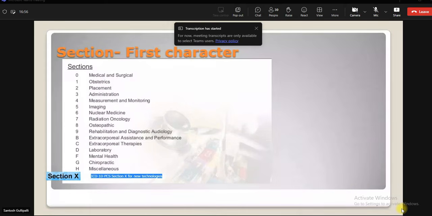Basically, the zero medical and surgical section is the major important section, the very big section in ICD-10 PCS. For the next 2 to 3 weeks, any procedure code we are given will start with zero. Most of the interview pattern questions are asked from this section only.